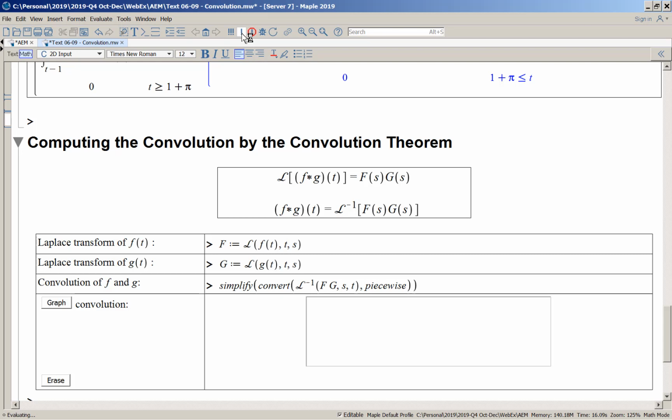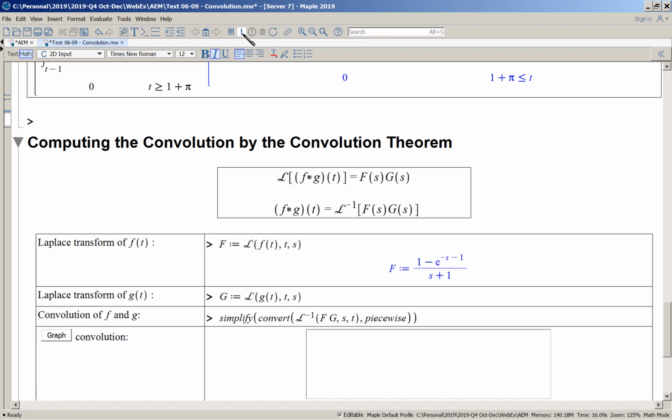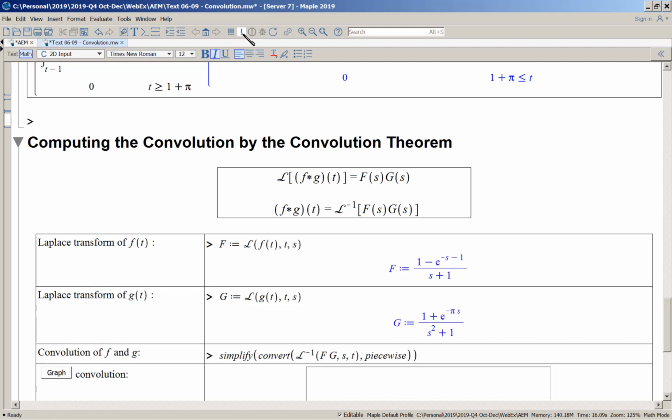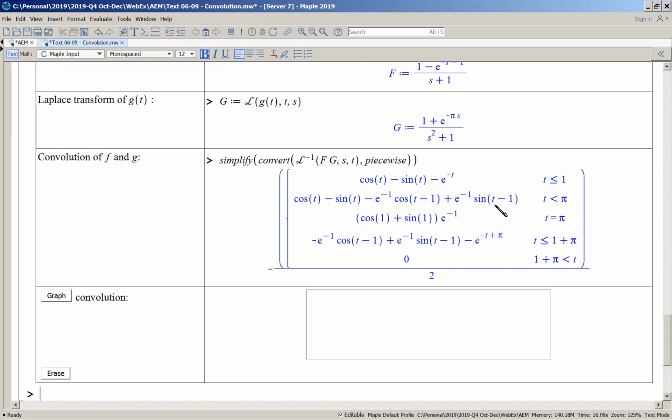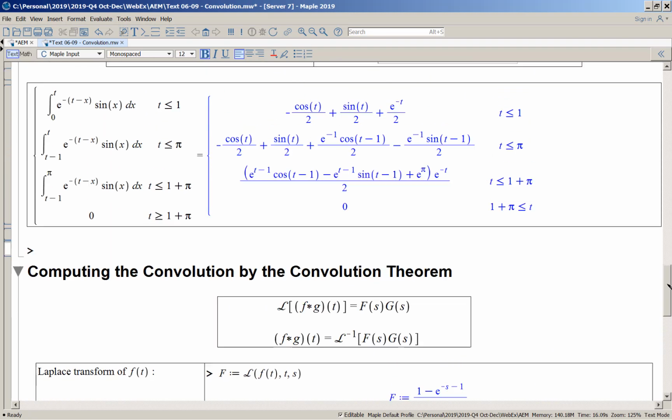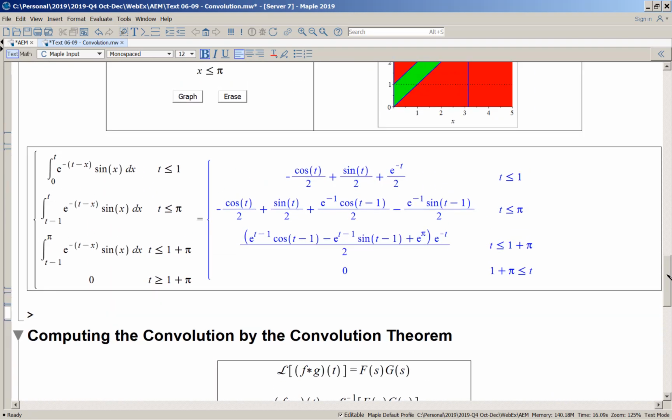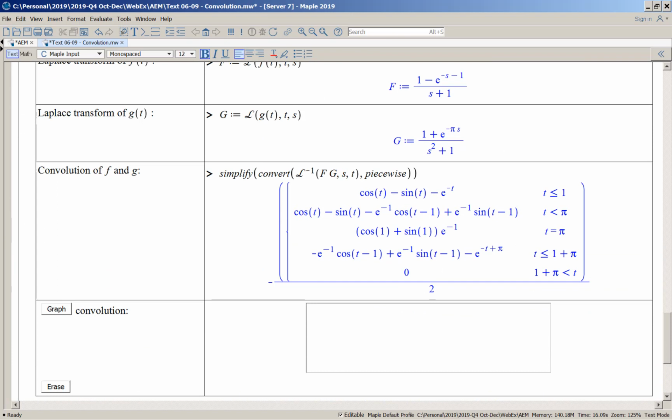This is the Laplace transform of the factor f, the Laplace transform of the factor g. Let us invert the product of those two transforms. If you have an extremely good memory, this matches what we got here by doing it the hard way.